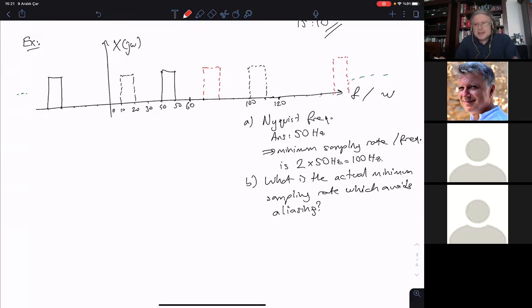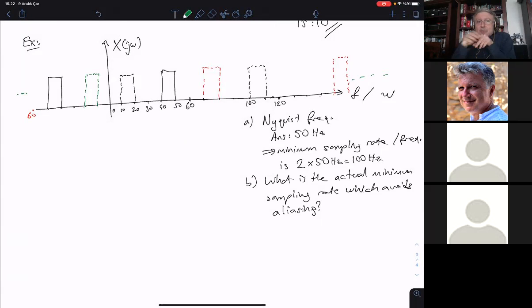Okay, it seems not overlapping, which is good news, but let's see what's happening at the negative parts. If this is 60, let me draw in a different color: 1, 2, 3, 4 to the right, and 4 to the left of that 60. So as far as I can see, things are going pretty well.